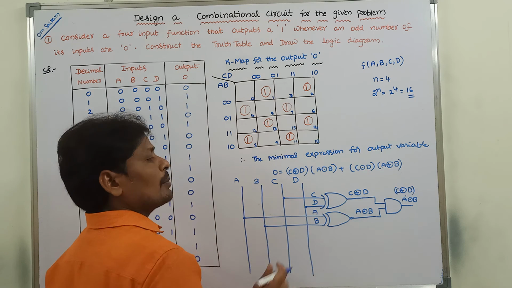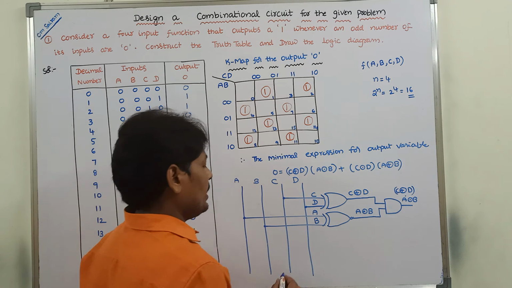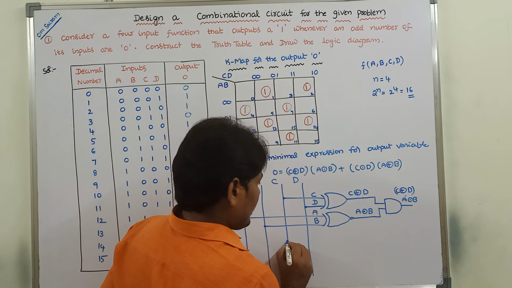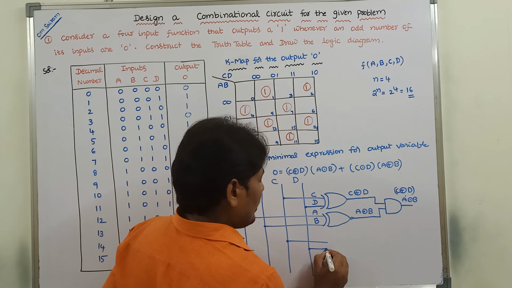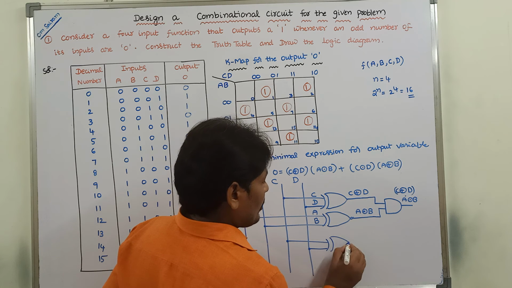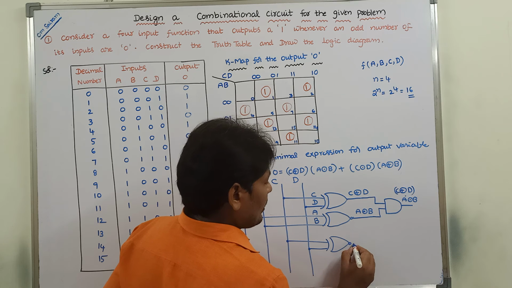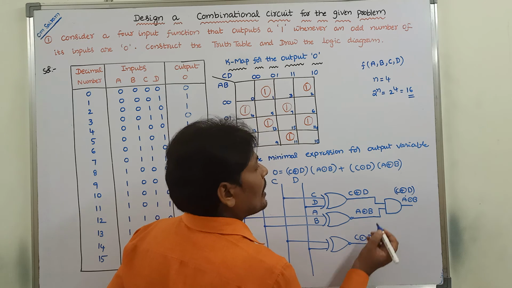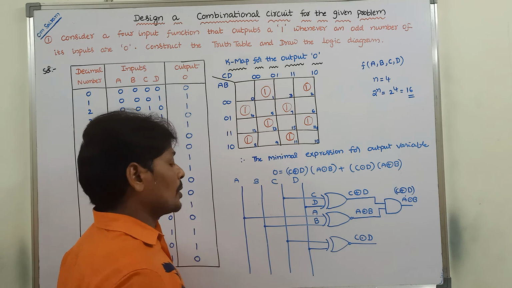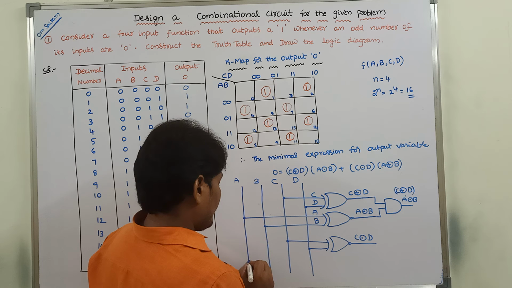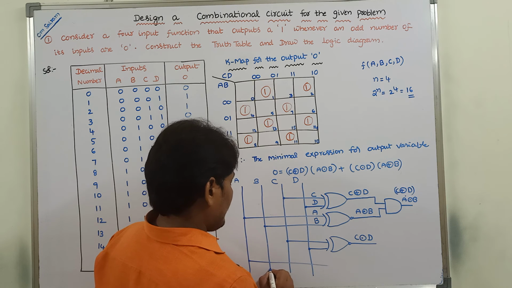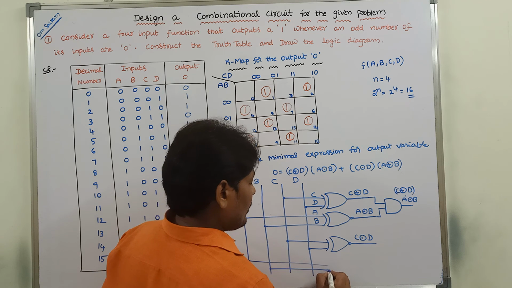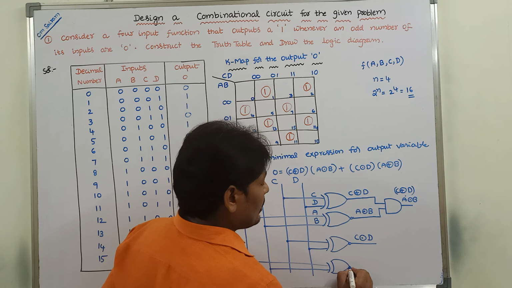Next term is C exclusive NOR D. So here this is C, this is D, C exclusive NOR D. Next one is A exclusive OR B. So this is A and this is B. I am sending to exclusive OR.